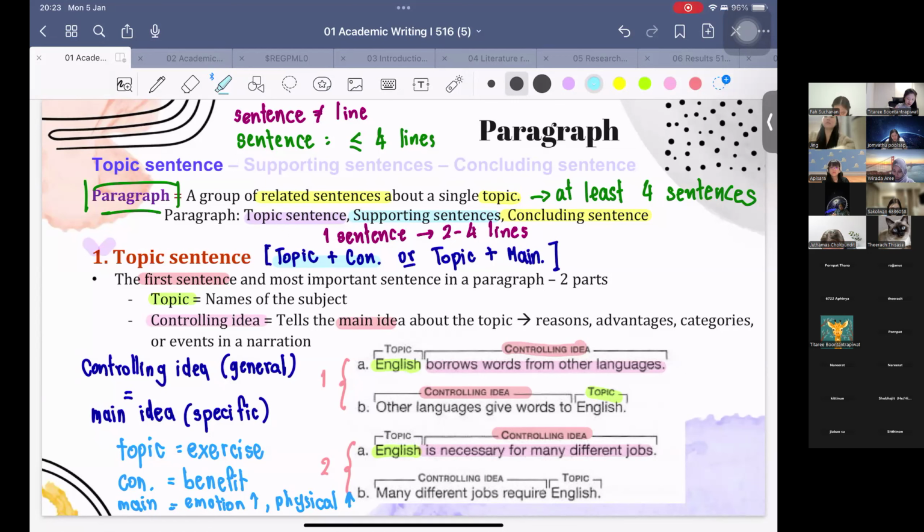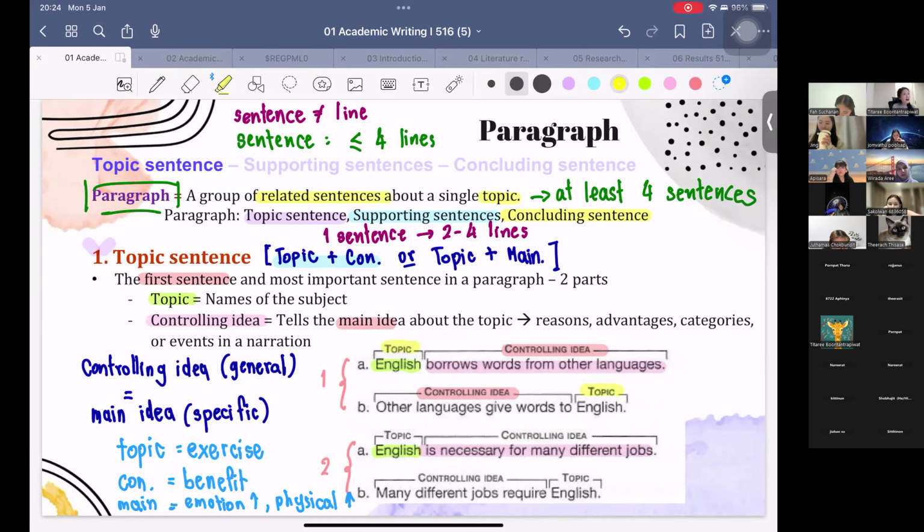Another thing you will see is between A and B here. Let's have a look at 1A and 1B. For 1A, you start with the topic and then the controlling idea. However, 1B starts with the controlling idea, followed by the topic. Either is good.